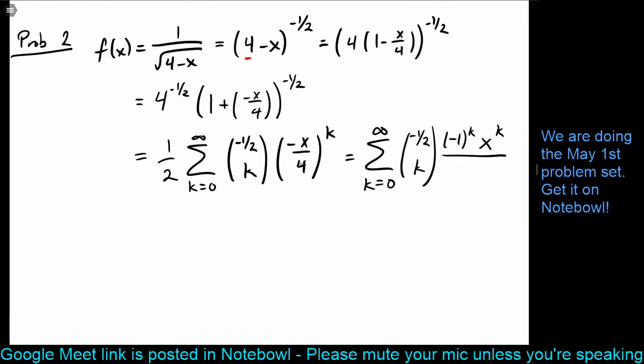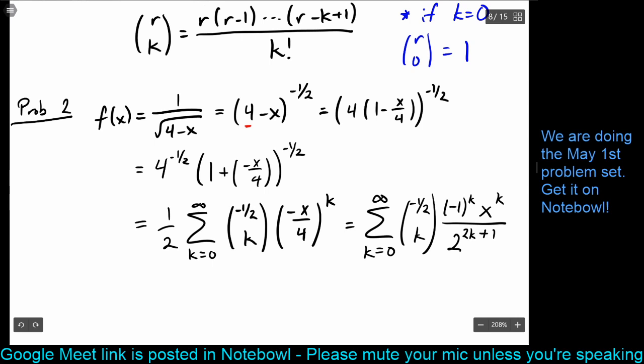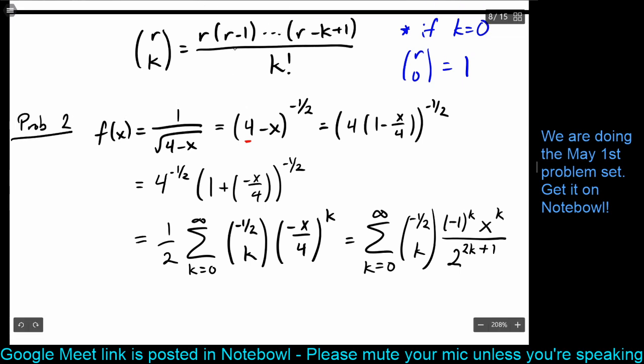Down here, we would have 4 to the k, but if we want to combine this 2, 4 to the k is 2 to the 2k, and then to combine this 2 in, we just add the 1. And there you go. And there we have it. There's a nice, good series. Right? And to compute these coefficients, we would just use this formula right here.